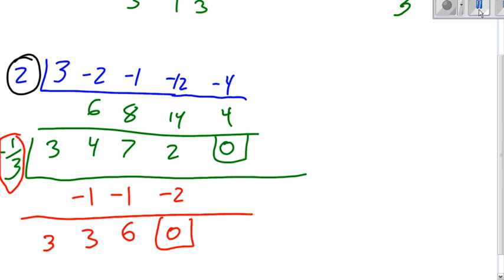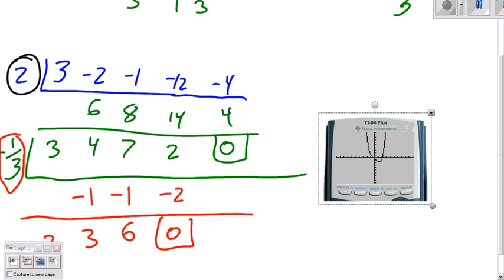Now, if you're wondering why I first chose to divide by 2 instead of 1, and then I next chose negative 1/3, I cheated a little bit and looked at the graph. So here's the graph from the graphing calculator. You can see that it looks like it crosses at 2, and it crosses somewhere between 0 and negative 1. And if you zoomed in a little bit, you could see that it's pretty close to negative 1/3.